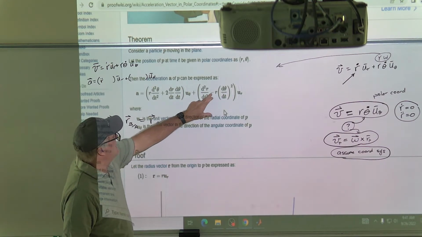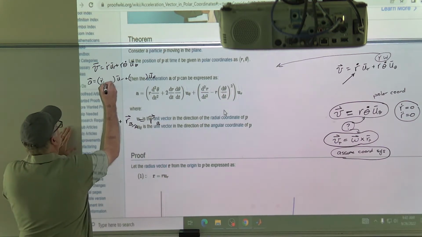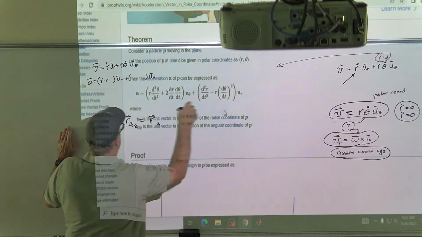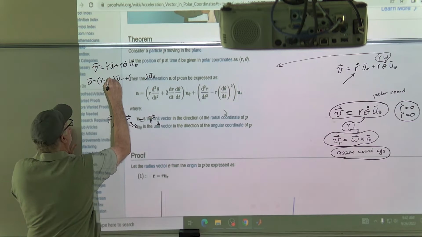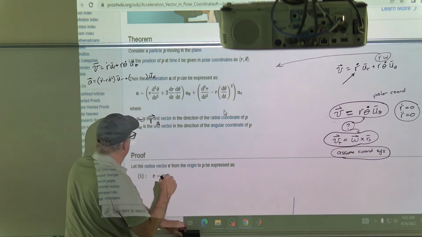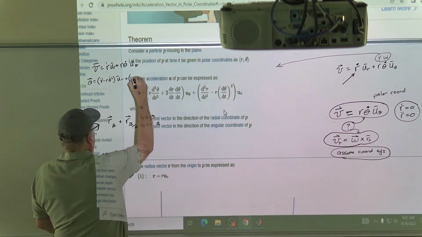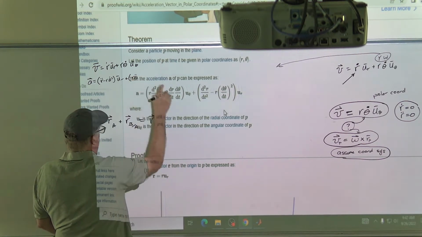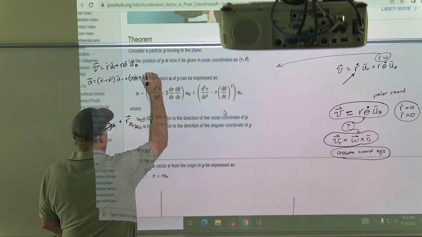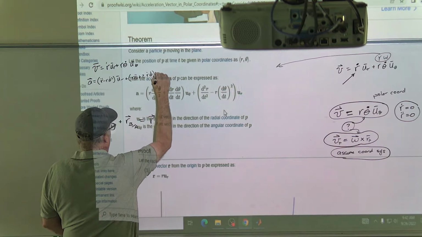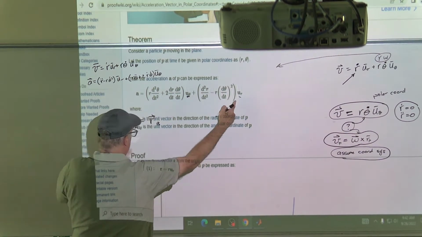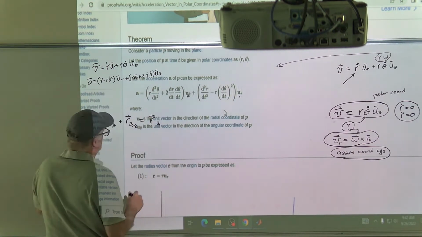So I was putting minus R, and this is theta dot squared, and then you've got R theta double dot plus 2 R dot theta dot. So he has the same base vectors, I'll swap those two.